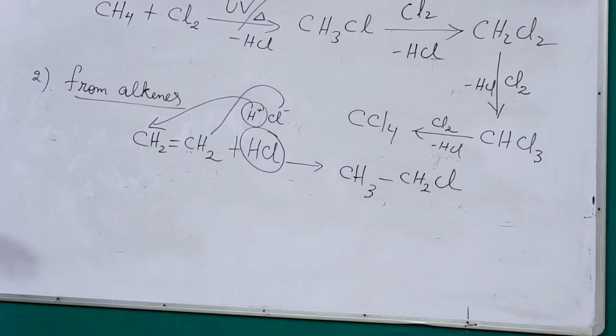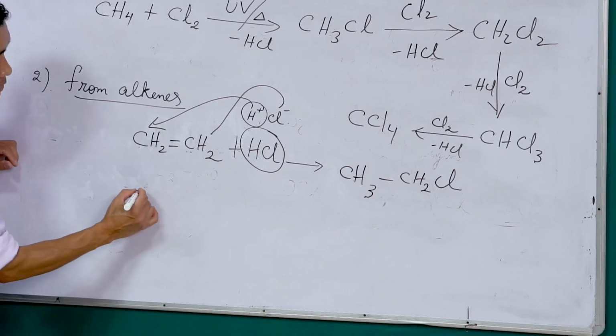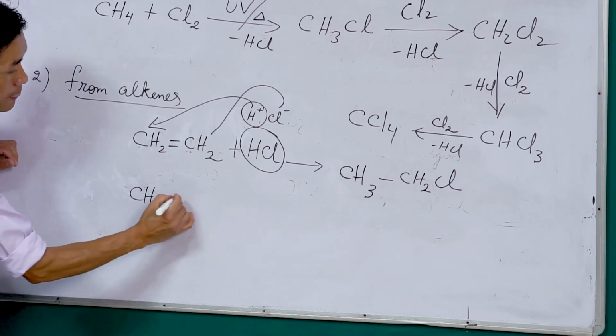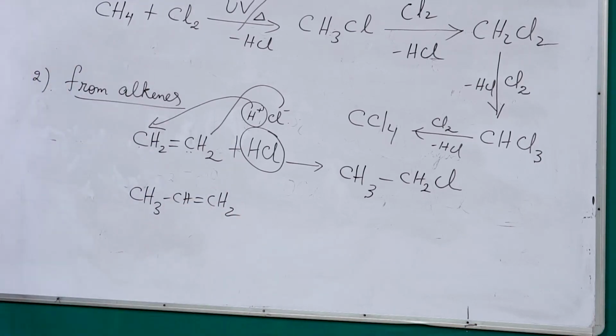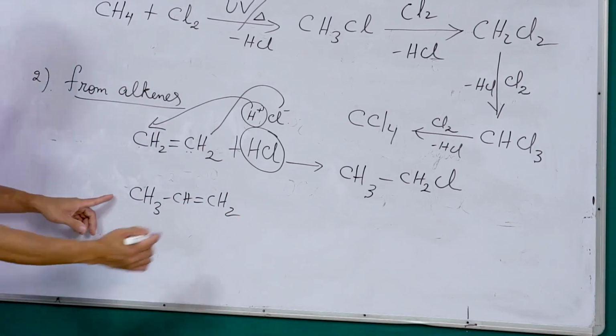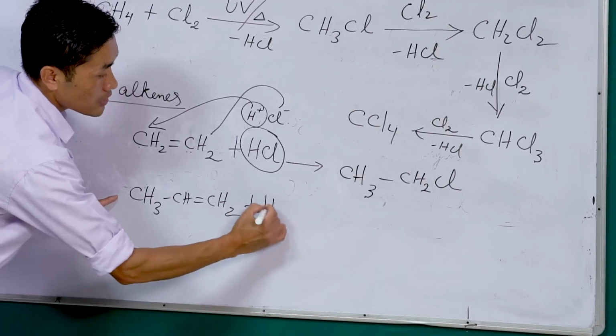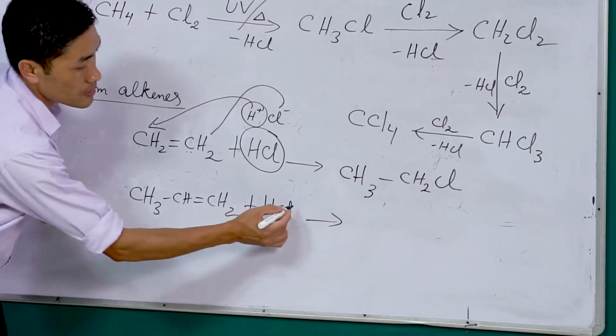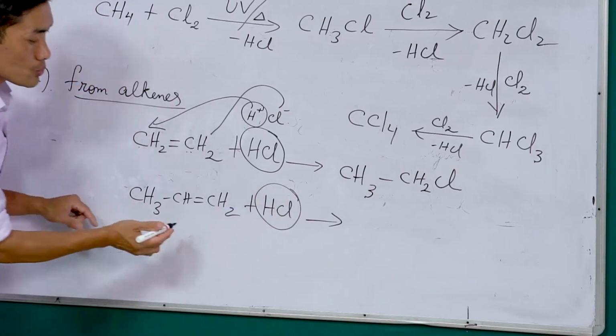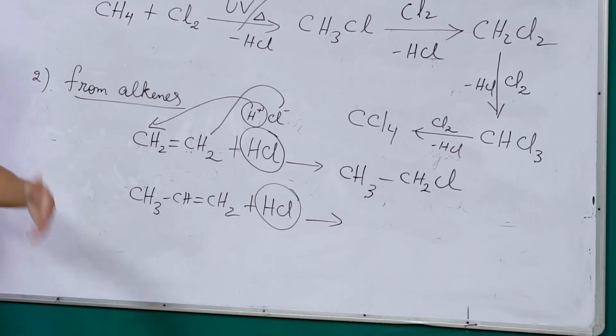But if we have unsymmetrical alkenes, then the addition takes place in such a way that the negative part of this molecule which is added goes to the carbon with less number of hydrogens.